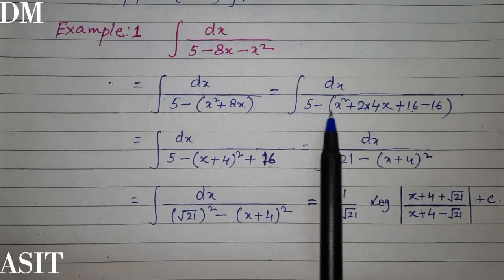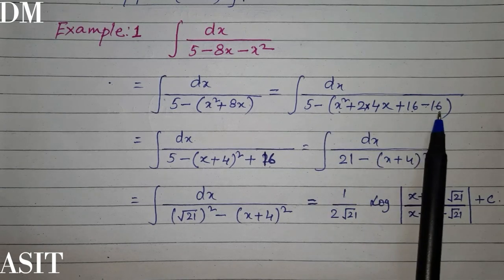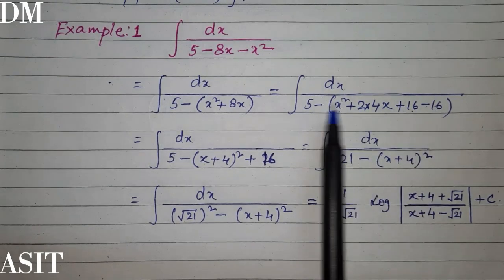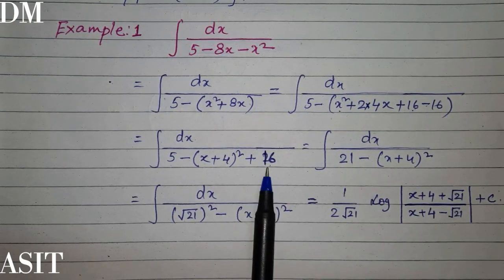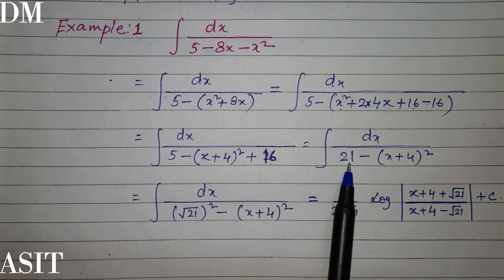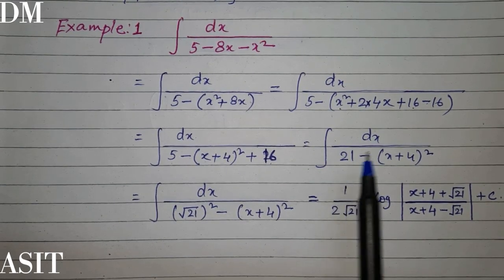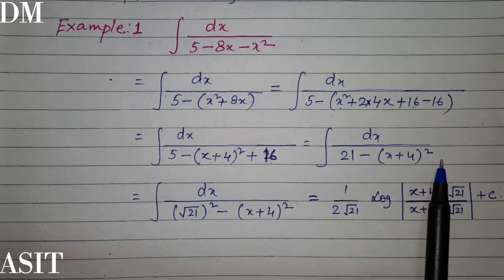There is a minus outside the bracket and inside with 16 there is a minus, so it will be plus 16. It will come out from the bracket as plus 16. Now this plus 16 and plus 5 will be plus 21. So dx by 21 minus (x plus 4) whole square.